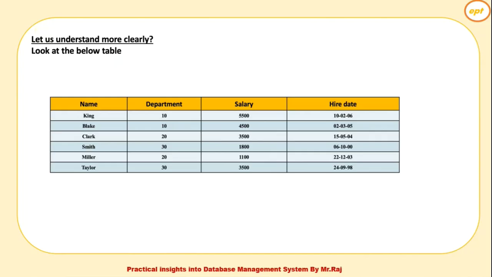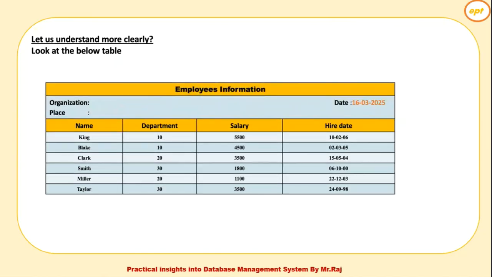But again, one more question: whose data is this all about? What is the domain again? Same question, I'm just extending. Now if I say this is employee information related to some organization, you have a clearer idea, right?